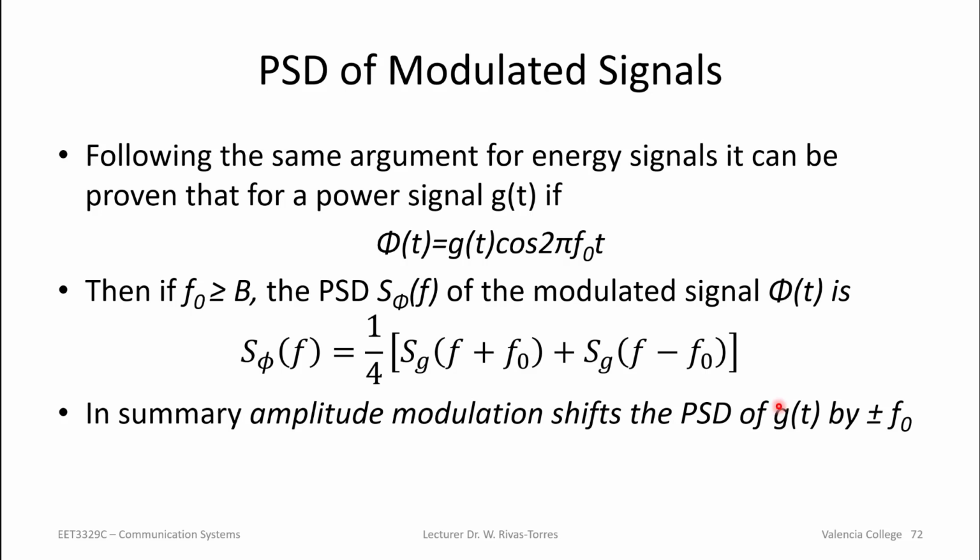Again, a similar concept applies for the power spectral density and modulated signals. So if we say this is my modulated signal, this is what the power spectral density will look like. This is the expression for it.